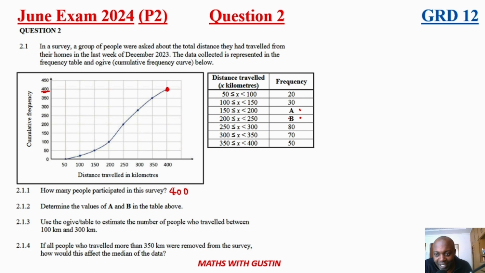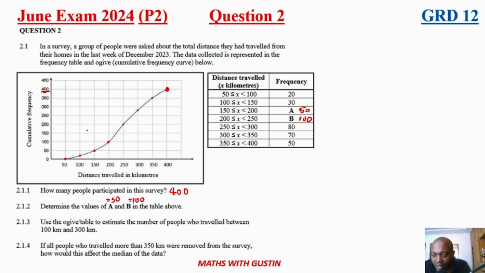You can read it out of the graph. 50 is sitting there, and then 100 is this value here, which is probably 30, and then 150 is this value here, which is 50, which indicates that the value of A will be 50, and at 200 the value of B will be 100. So here you will have 50, then here you would have 100. We're simply reading it from the ogive diagram.